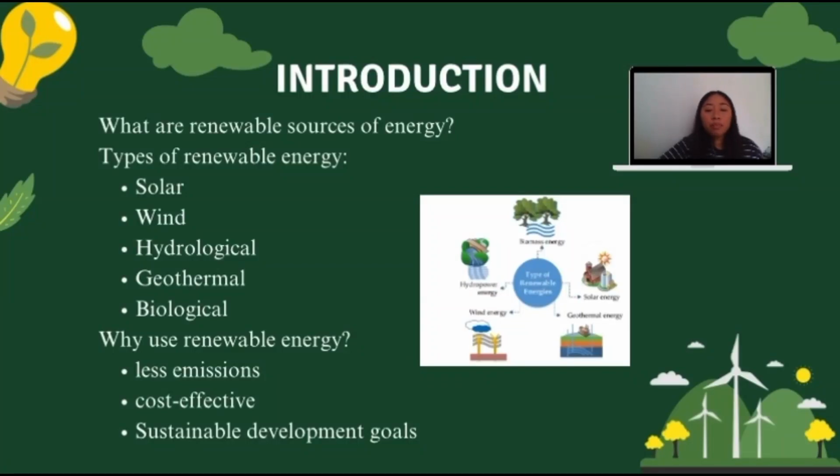Hydropower harnesses the energy of flowing water, such as rivers or dams, to generate electricity. It is reliable as well as provides large-scale energy production. The fourth one is geothermal. Geothermal energy taps into the Earth's heat to produce electricity or provide direct heating.